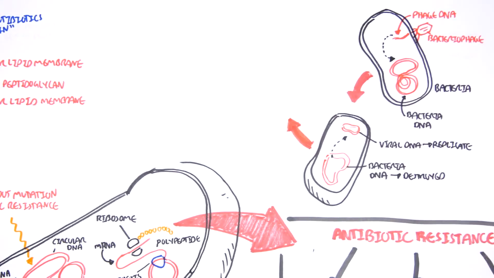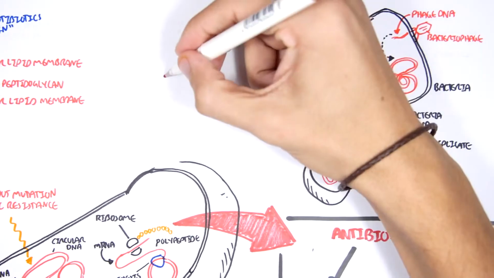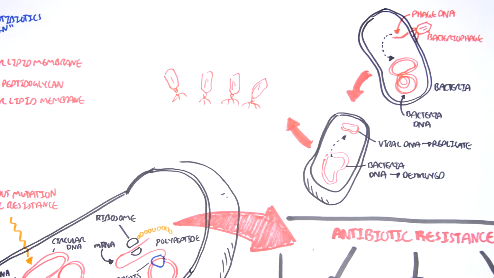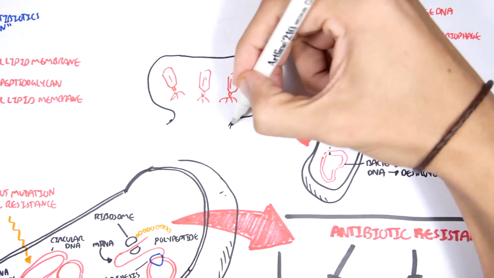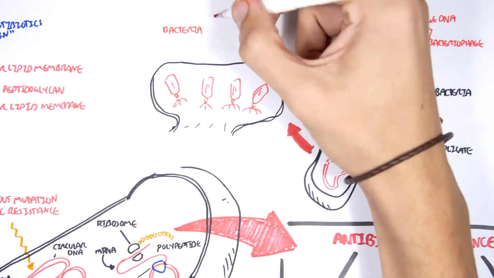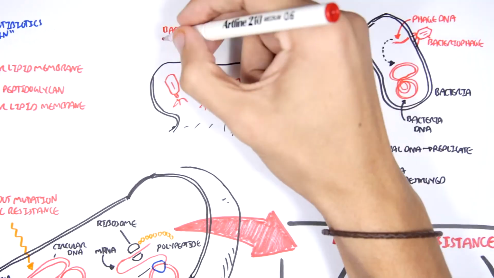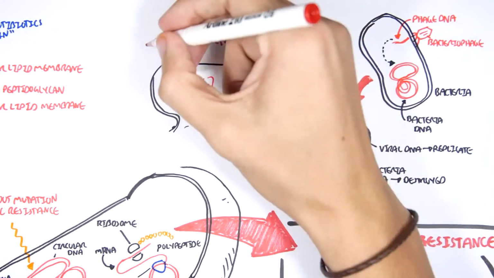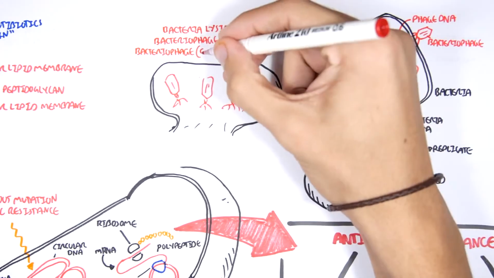So the viral DNA is being replicated and new bacteriophages are being formed within the bacteria. The new viruses being formed will pack up the viral DNA that was replicated. The viral replication will cause the bacteria to lyse, releasing the virus, the bacteriophages containing the phage DNA out.